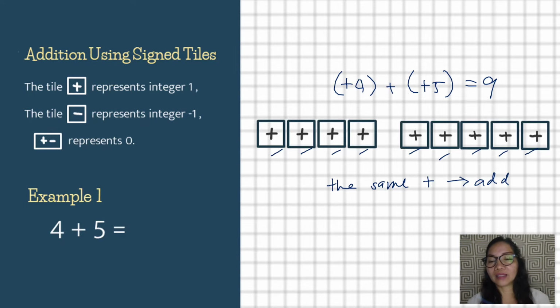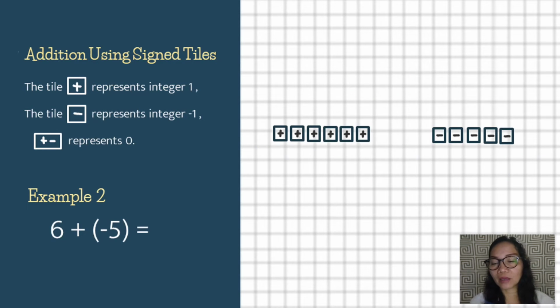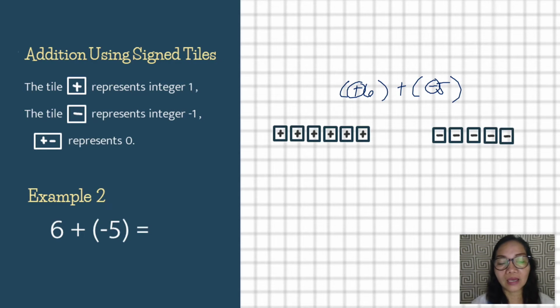Okay, let us have example number 2. Positive 6 plus negative 5. Take note that they have different signs. So we have 6 positive tiles and 5 negative tiles.